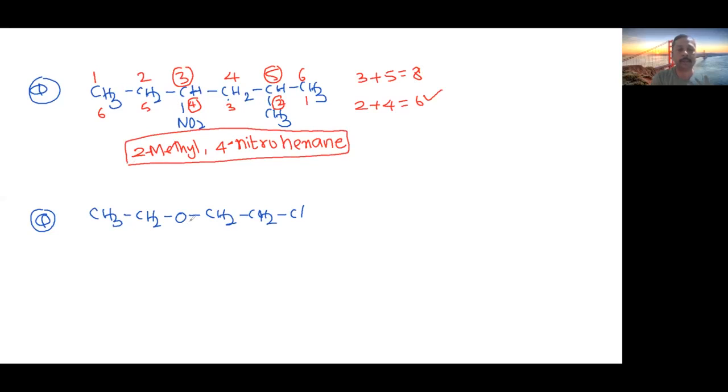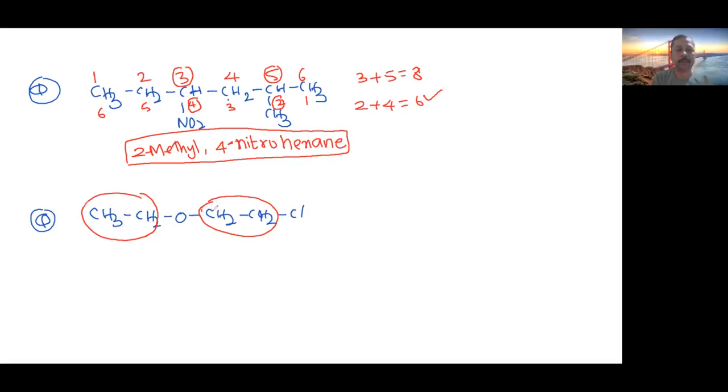And in the next one, see, here it is a hetero side. In between two carbon atoms, one more oxygen is coming. So either you have to select this chain as the main chain or you have to select this chain as the main chain. You cannot continue both of them because between them you found an oxygen.